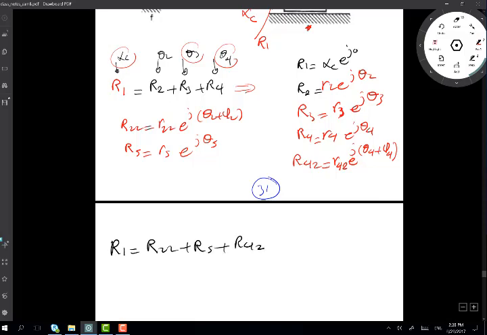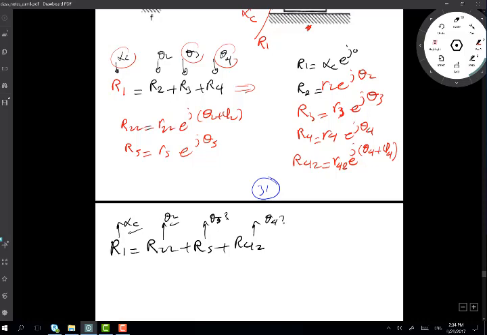R1 still has Xc, that's still unknown, and R22 is known because it has θ2, I know that, and there is φ2, but it's constant. R5 has θ5, that's not given, that's an unknown, and this has θ4, unknown as well, but φ4 is known.